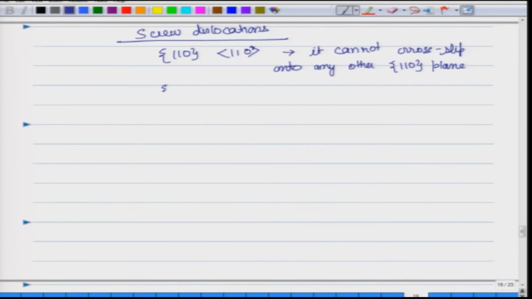The reason is that a particular Burgers vector of 110 type can only be contained on one 110 type plane, it cannot be on more than one 110 plane.